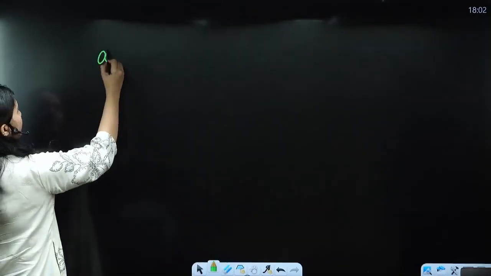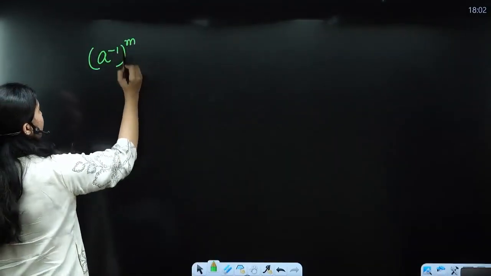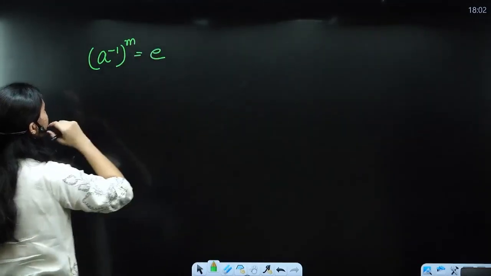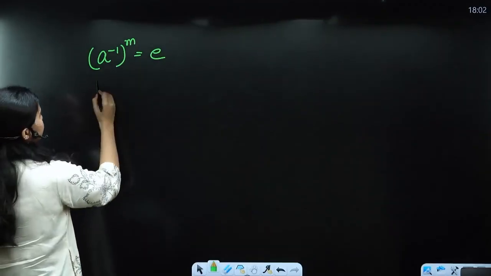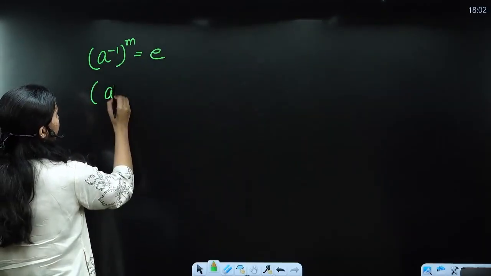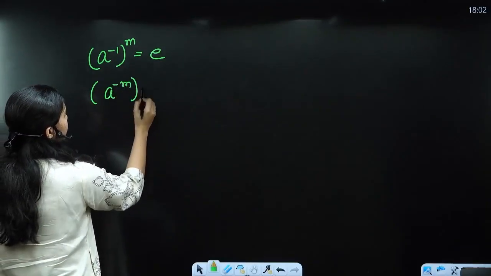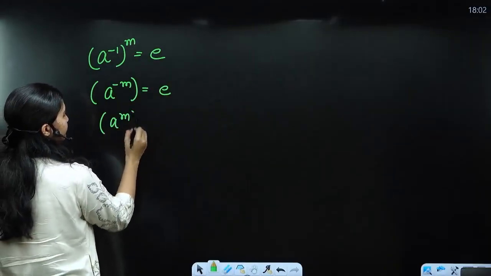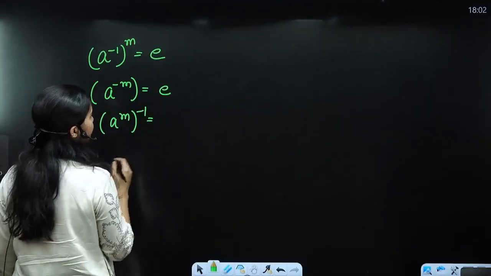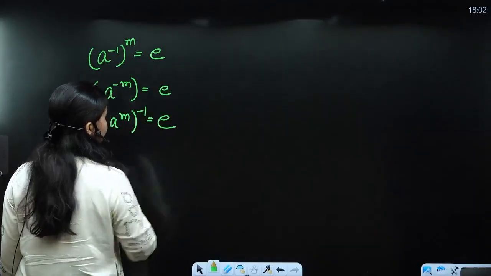Let's take the second equation, that is A raised to the power m equals E. A inverse raised to the power m equals E. Now can I write it as A raised to the power minus m equals E? Then A raised to the power m, raised to the power minus 1, is going to be equal to E, right?